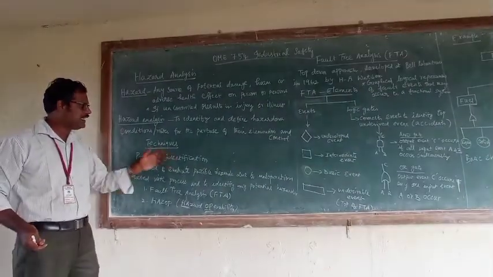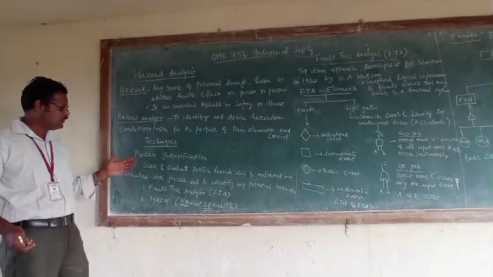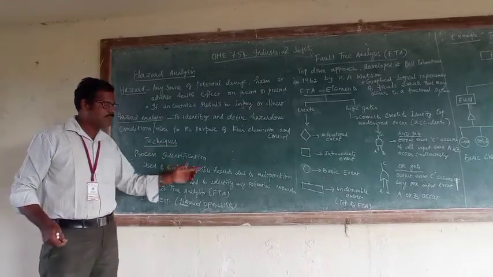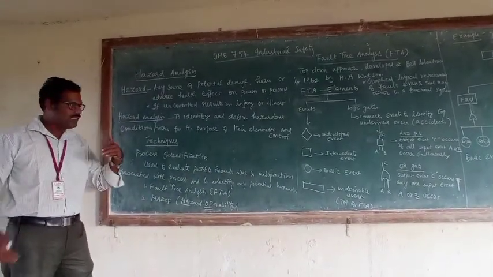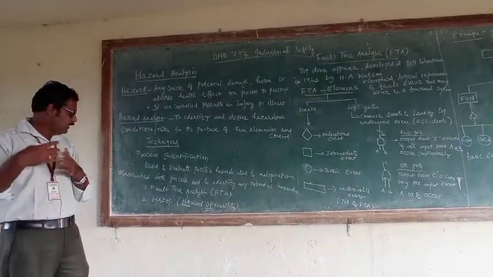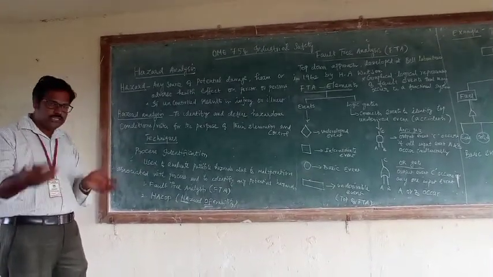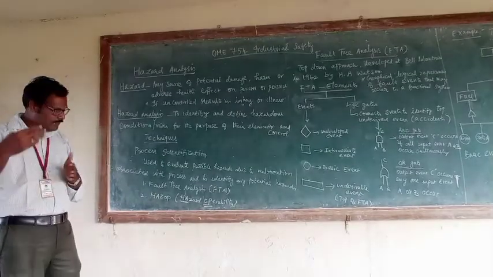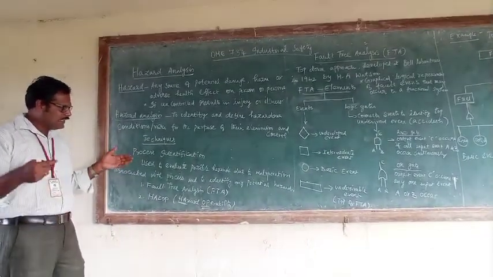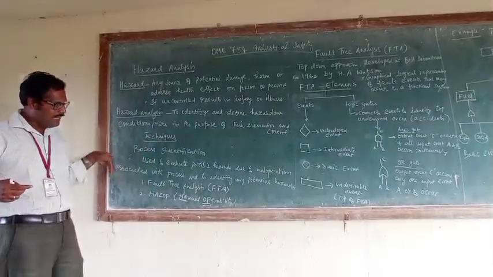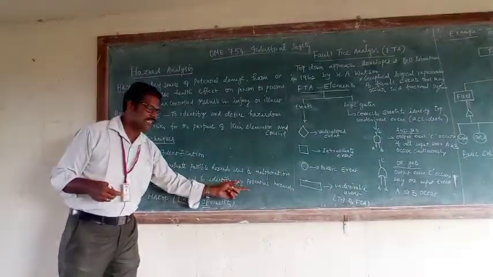The process identification technique is used to evaluate possible hazards due to mal-operation. Mal-operation is nothing but misoperation of the equipment in the process, and by using that we can identify any potential hazards.